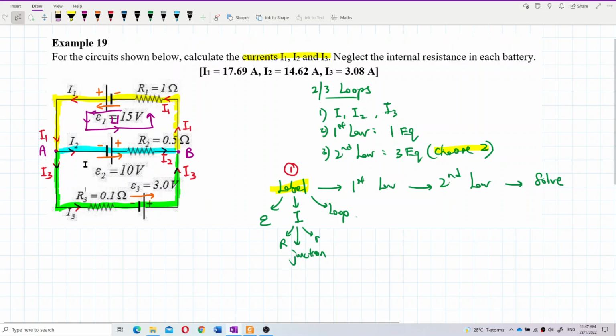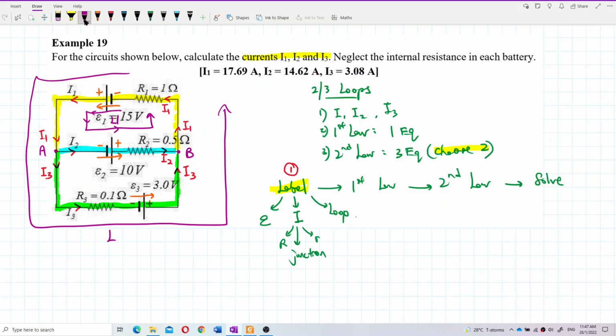Alternatively, you can choose the bottom loop, no problem, but I want to act more intelligent. The outside loop also can solve, because all the EMF and all the IR, I1, R1 and I3, R3, are in the anti-clockwise direction. So I choose the outside loop.